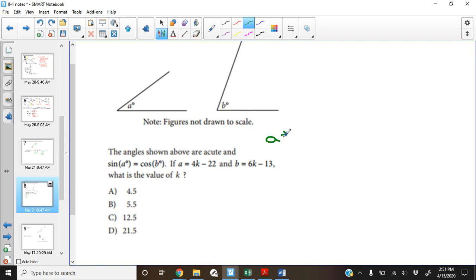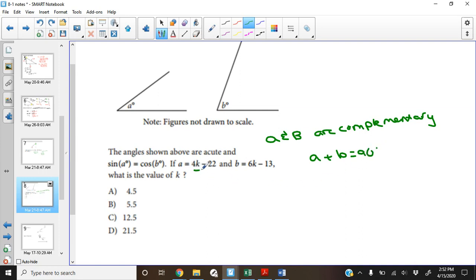So angle A and B are complementary, which means that they add to 90 degrees. So A plus B equals 90 degrees.